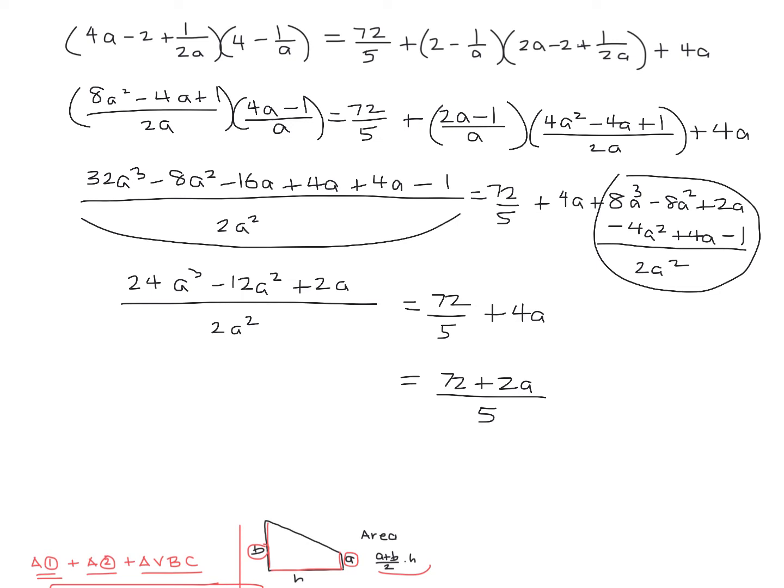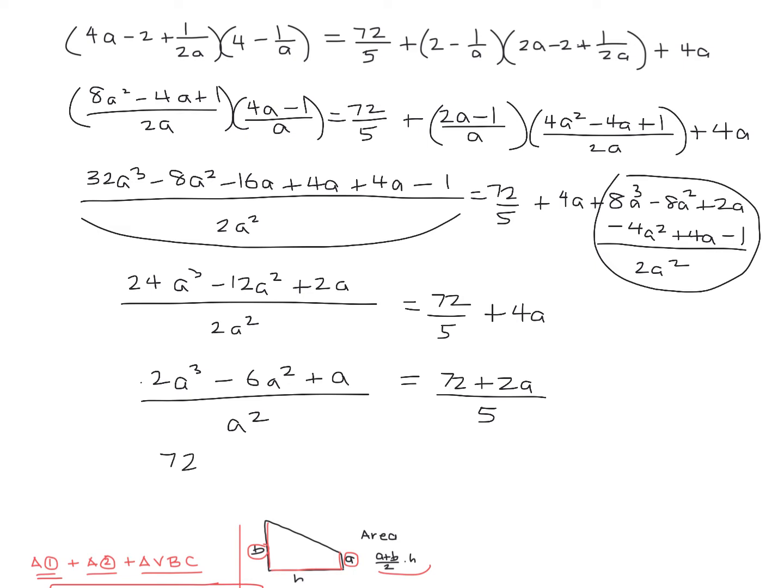Yeah, I think we can. We can get rid of 2, so it'll be 12a to the power of 3 minus 6a squared plus a over a squared. And I guess I could have divided in a as well, but that's okay, whatever. Now cross multiply.